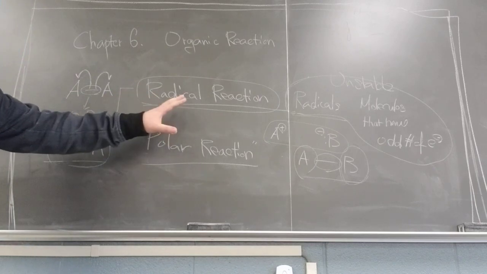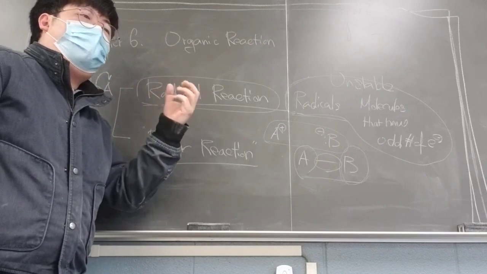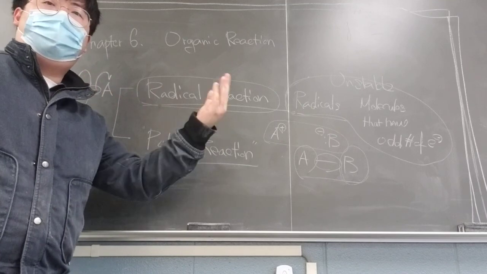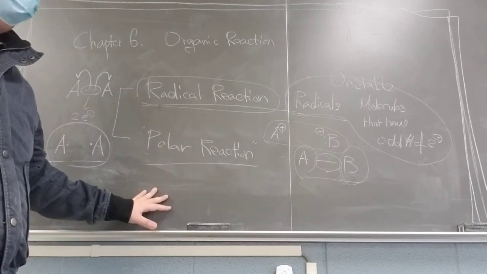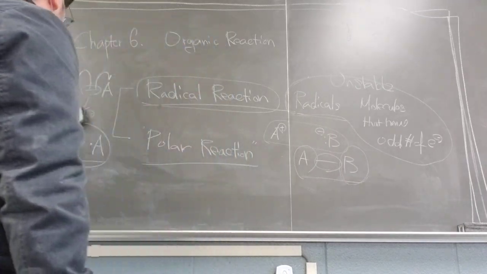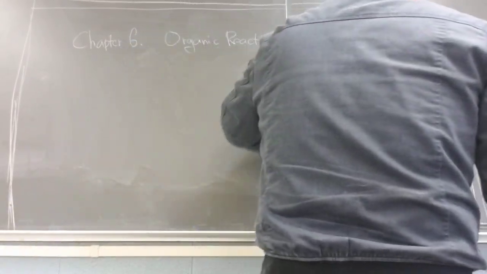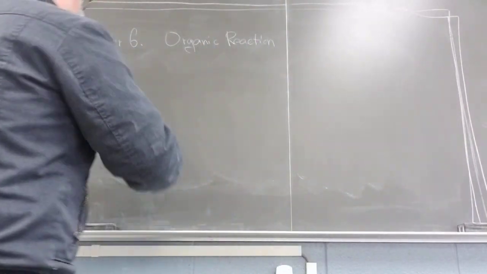Because what is a mechanism indeed? You need to explain how electrons move. If you don't understand these 2, it may be difficult to explain. Okay, makes sense, right? Great. All right, let's just start with the radical reaction.